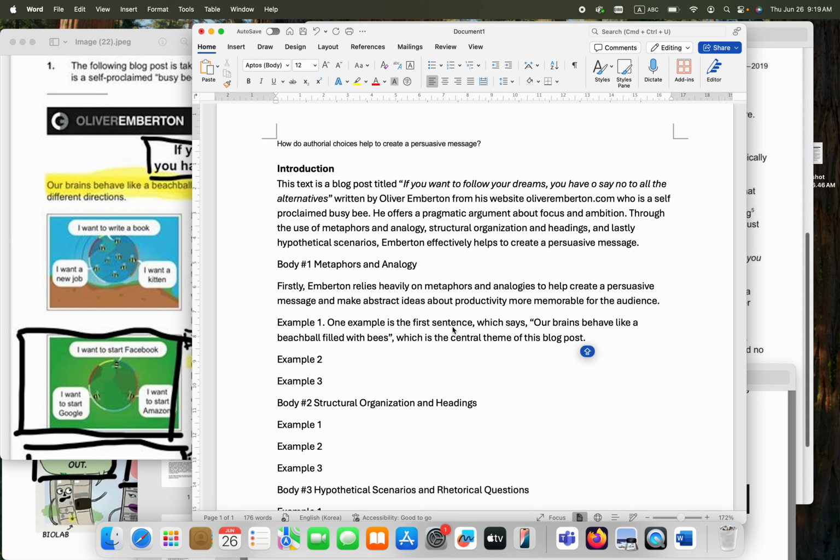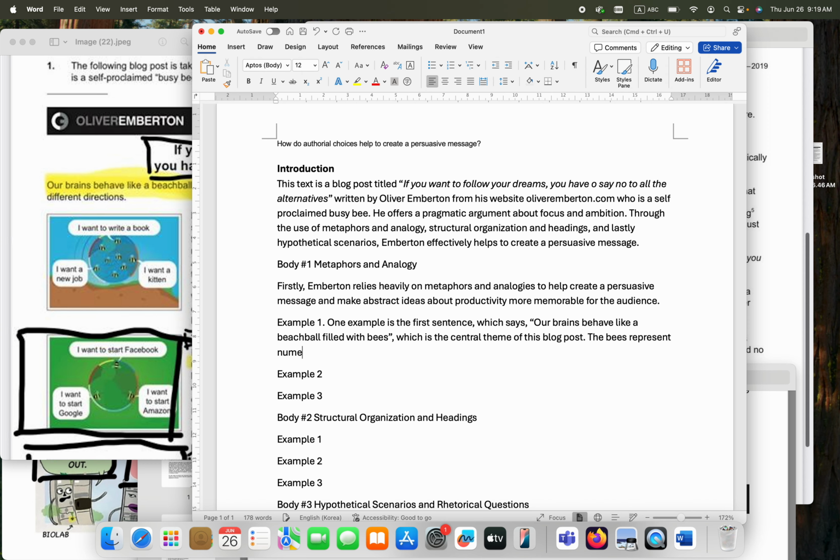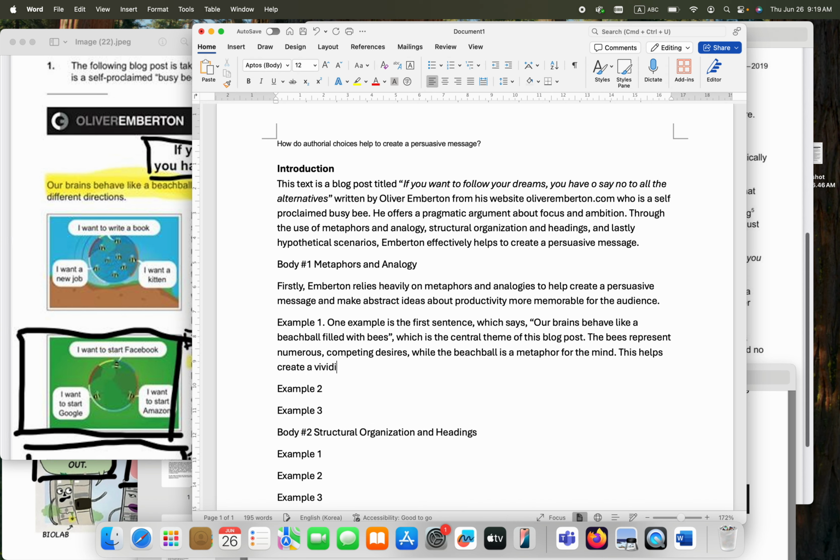So the bees represent numerous competing desires, while the beach ball is a metaphor for the mind. This helps create a vivid image. So anytime there's a metaphor, it does help create vivid images in the reader's mind and captures the reader's attention.